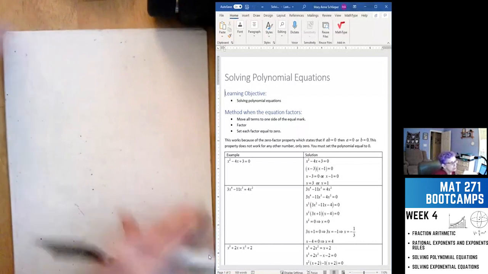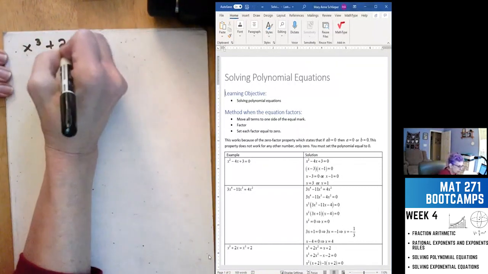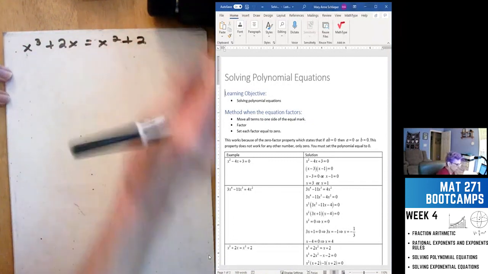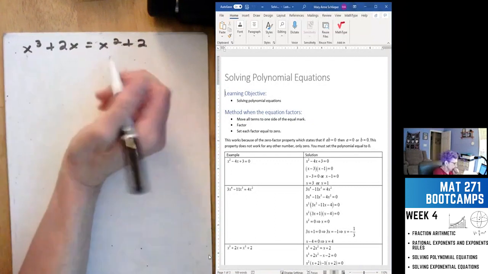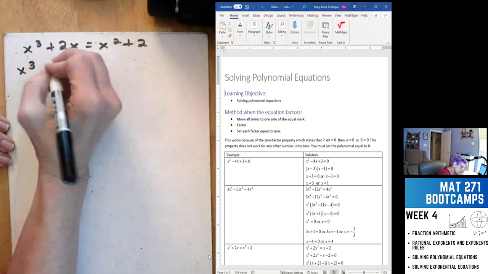Now let's look at the next one. This one I have x cubed plus 2x equals x squared plus 2. So I'm going to bring everybody over to one side.